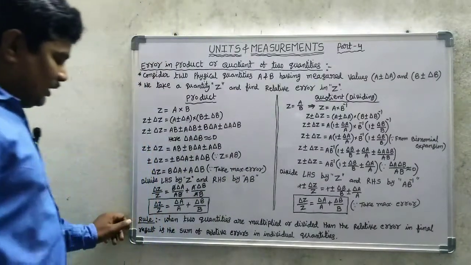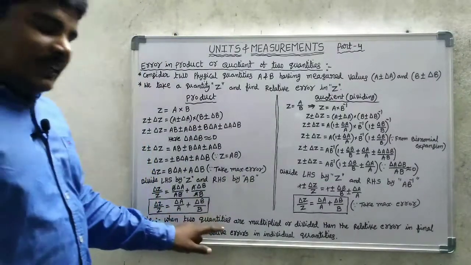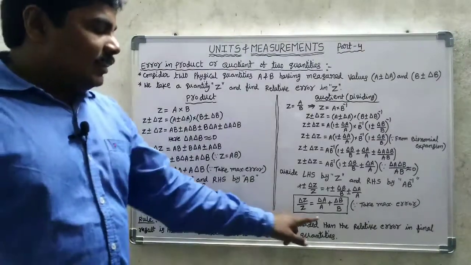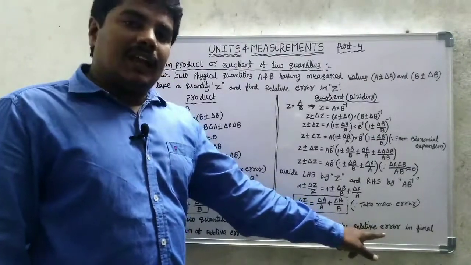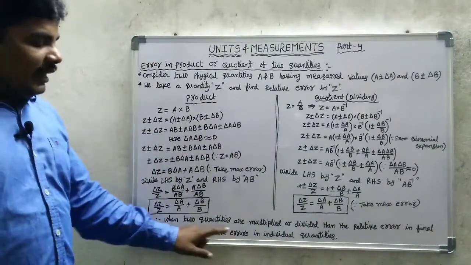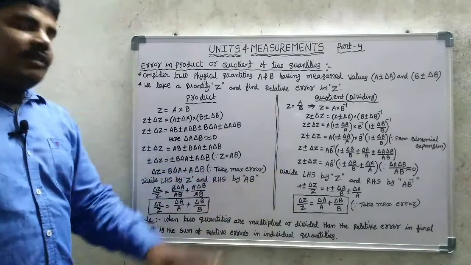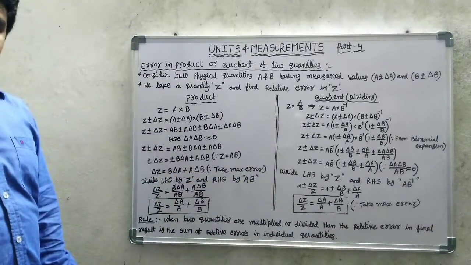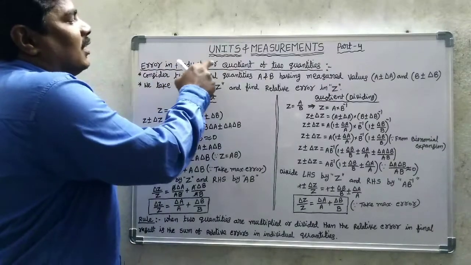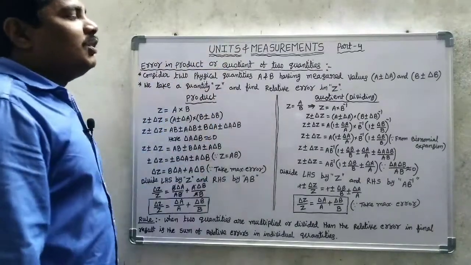So the rule is, when two quantities are multiplied or divided, then the relative error in the final result is the sum of the relative errors in the individual quantities. That is about error in the product or quotient of two quantities.